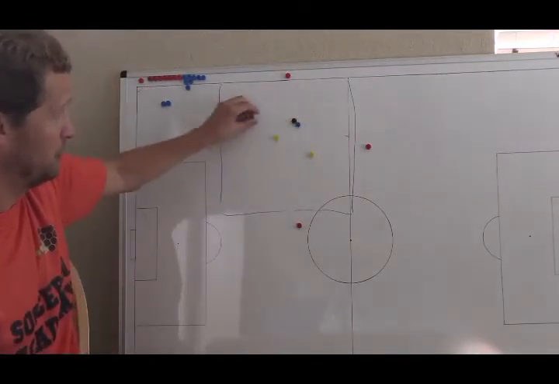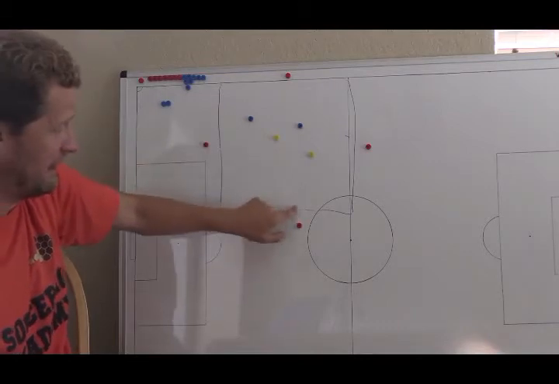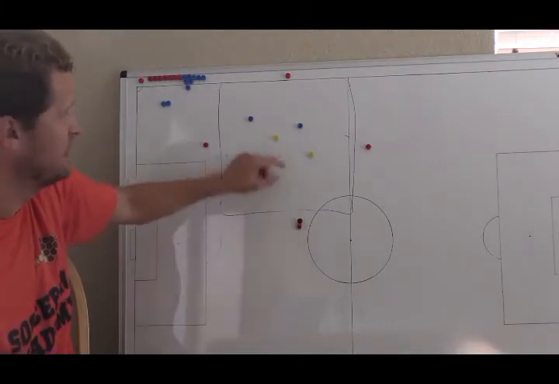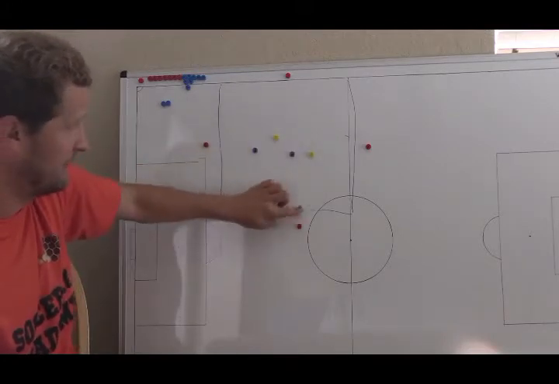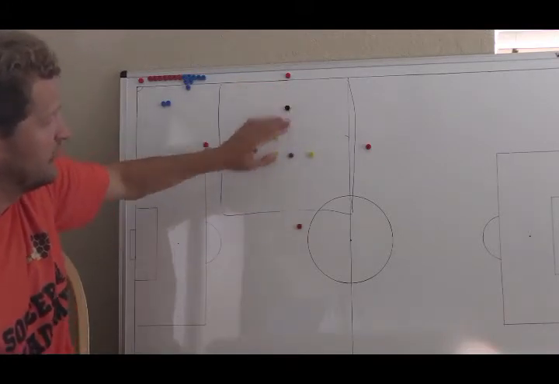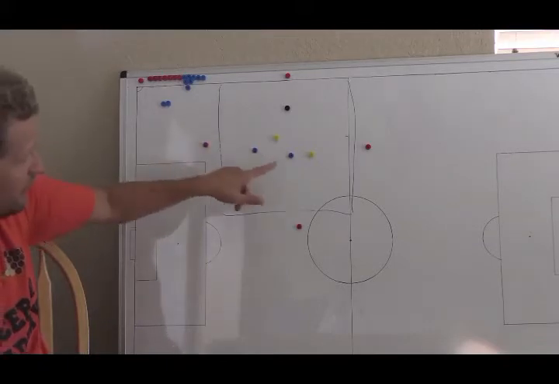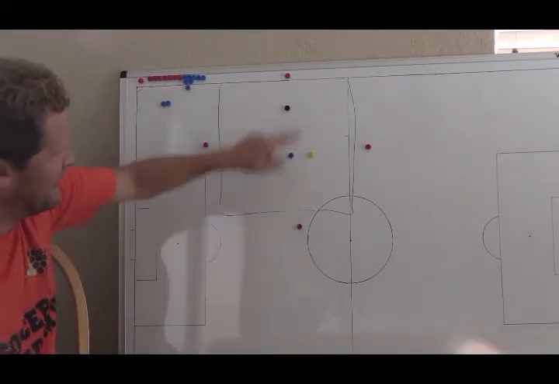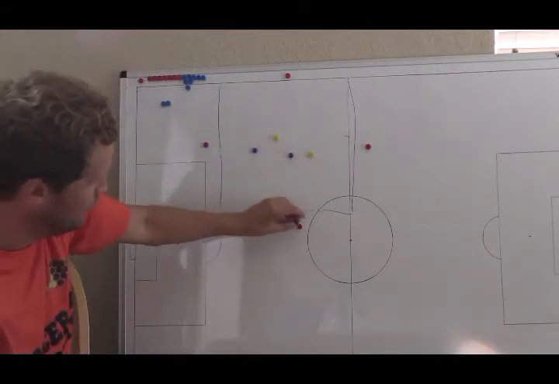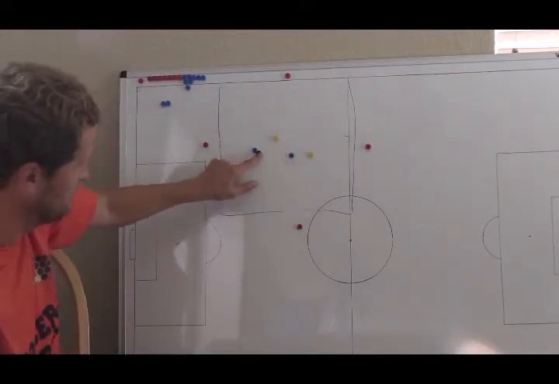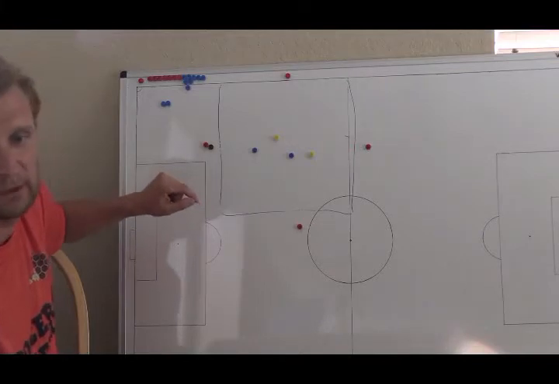The blue players can combine between each other and bring it to an opposite side, or without combining, just turning and playing here. Both ways are fine, as long as the ball comes from this side here, or this side here, or from here. We can keep possession by playing here, but we're not going to get a point.